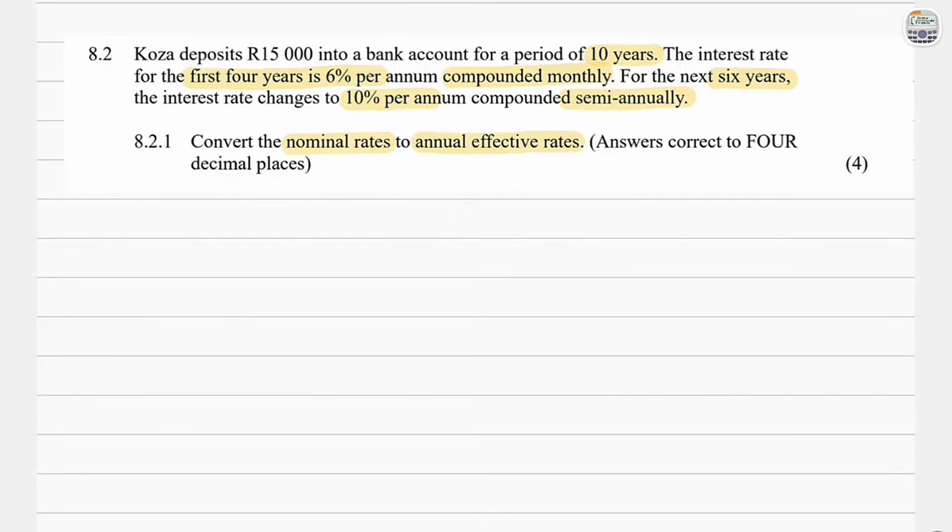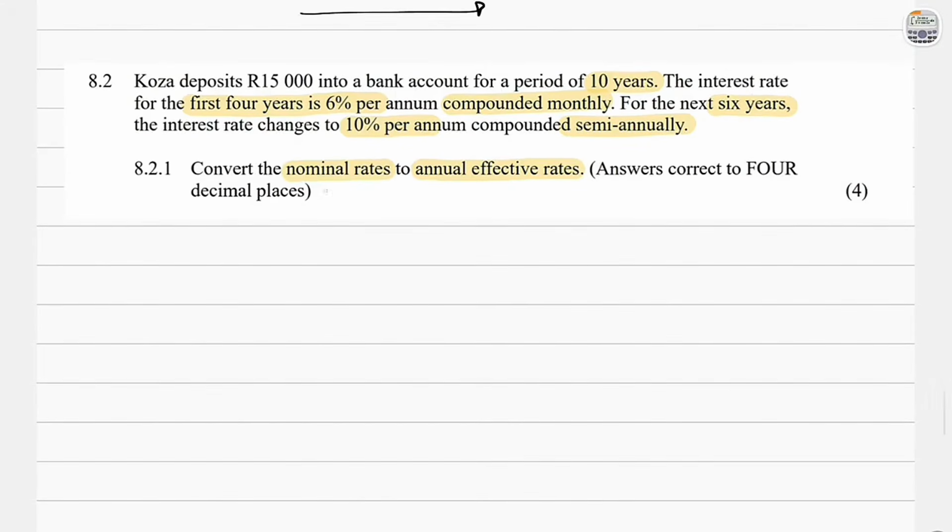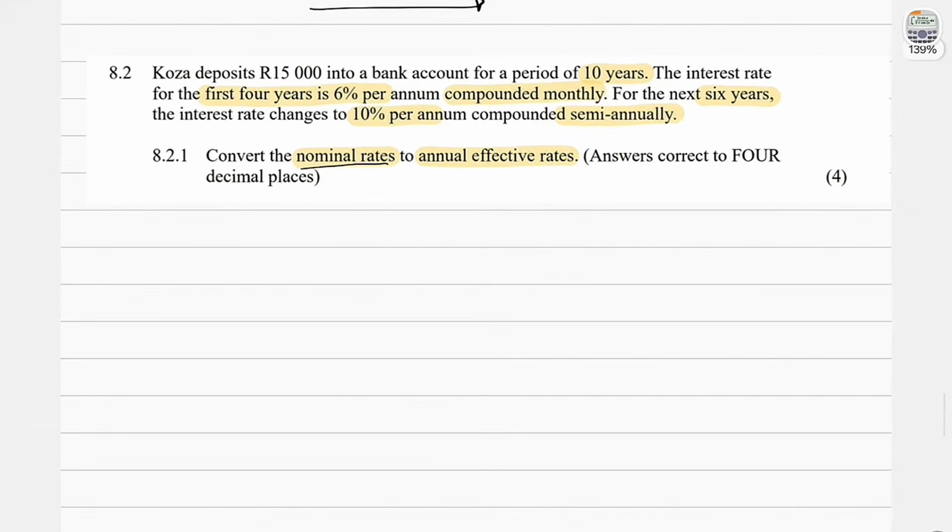Okay, so you see in this question, it's funny how they started off telling us all this information and then they jumped to nominal and effective interest rate, but that's fine. You see, with nominal and effective interest rates, this is how it works. The bank quotes a specific amount and says it's compounded monthly, right? So for example, 6%.